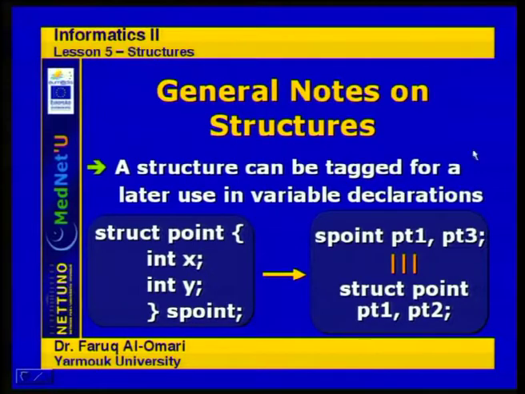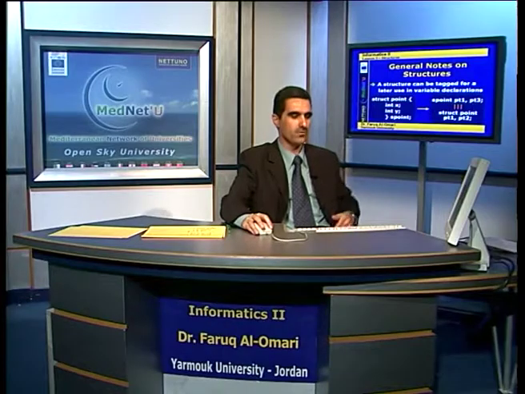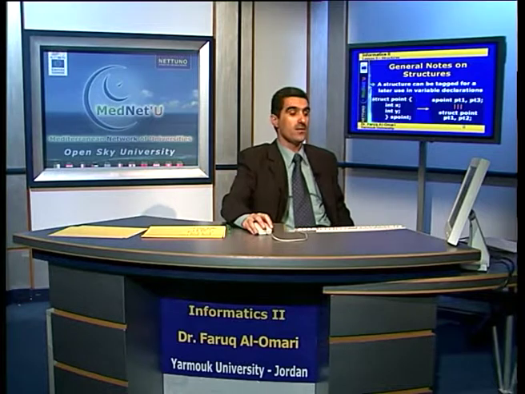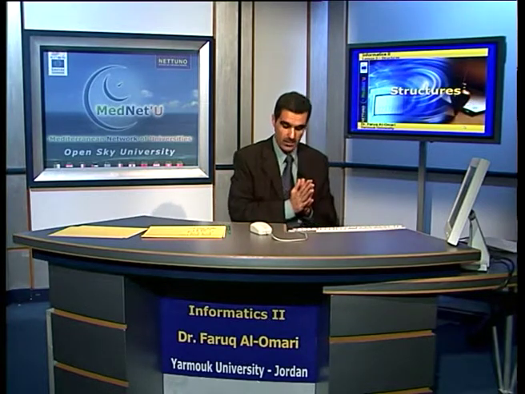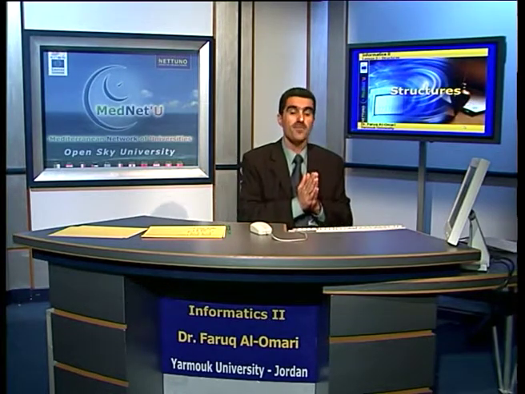So when I define my variables then, I can say is point pt1, comma pt2, so pt3. So pt3 and pt1 are of type point, of this structure type. And this is actually equivalent to saying struct point pt1, pt3 instead of 2. Sorry for that. Okay? So that's pretty much what I want to talk about in structures.